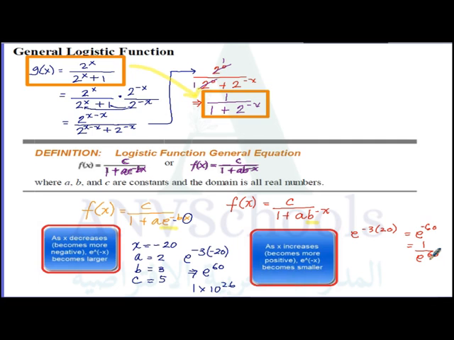And 1 over e raised to 60 becomes in this case 8.76 times 10 to the negative 27. So look at the difference. Okay? So this is the definition of the logistic function and the general equation of the logistic function.